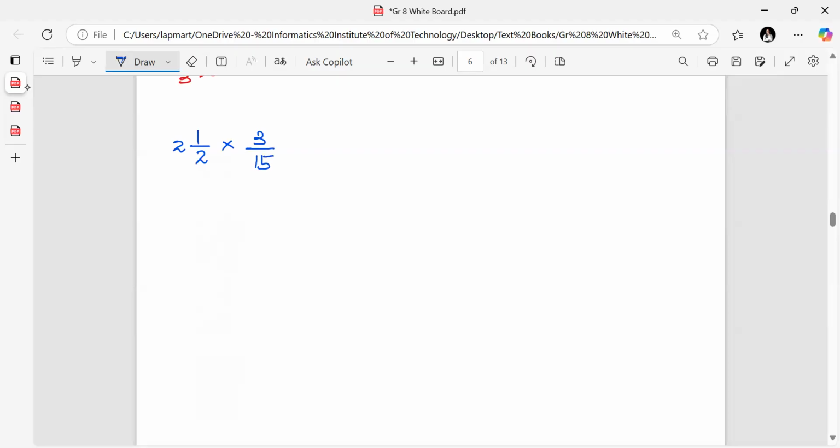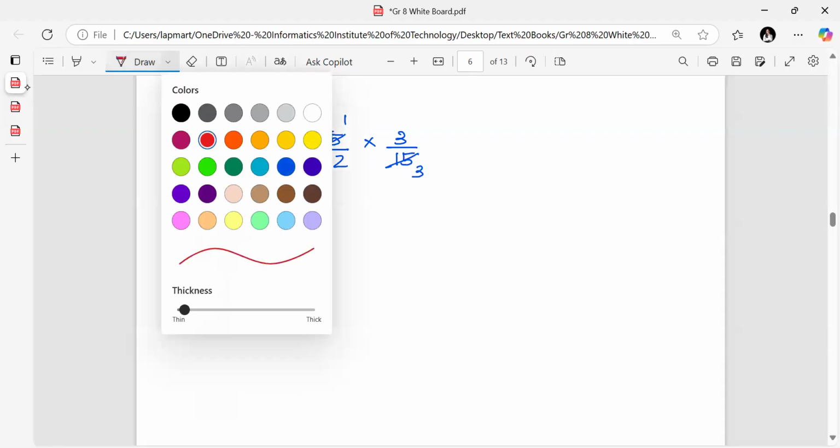When you have something like this, children, first you convert the mixed number into an improper fraction. 2 times 2, 4. 4 plus 1, 5. 5 over 2 multiplied by 3 over 50. Now the first step is done. Then you see whether you can simplify any of the numbers. Yes, here I can: 5 times 1 and 5 times 10. Is that the only way we can simplify?